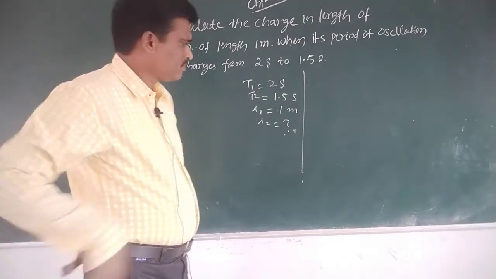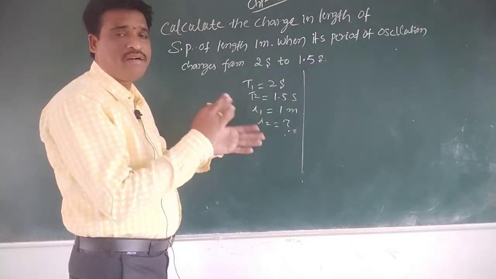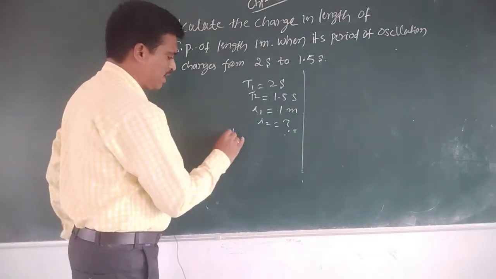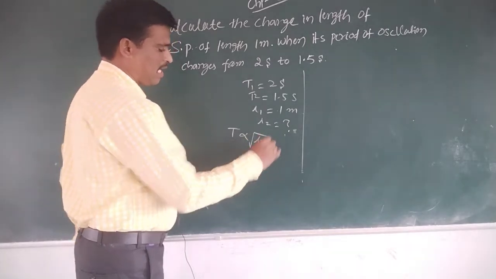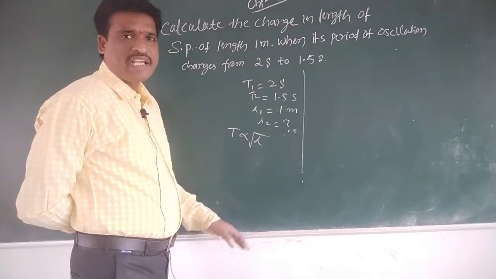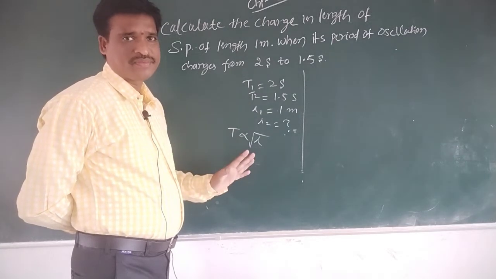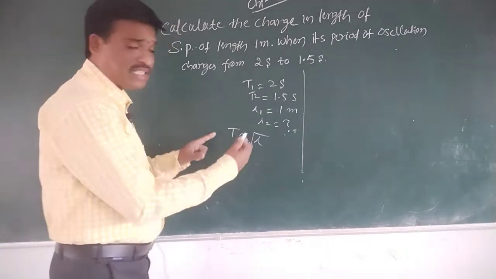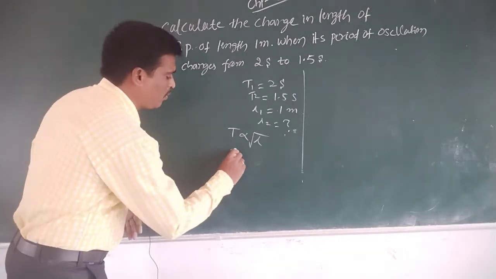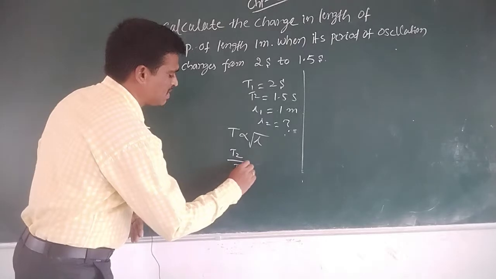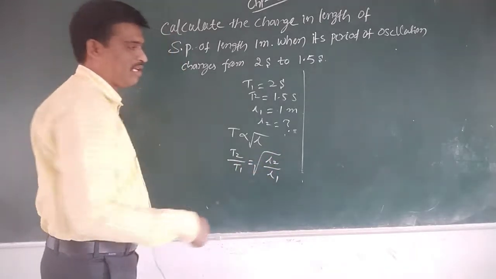But you know that what is the relation between length and time period? T is directly proportional to root L. Here two time periods are given and one length is given. This formula can be changed as T2 by T1 is equal to under root of L2 by L1.